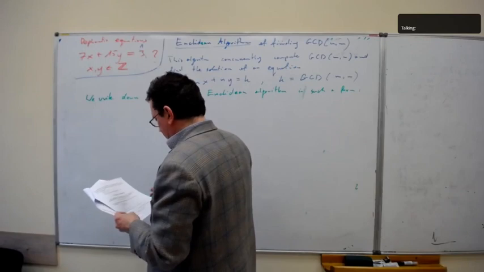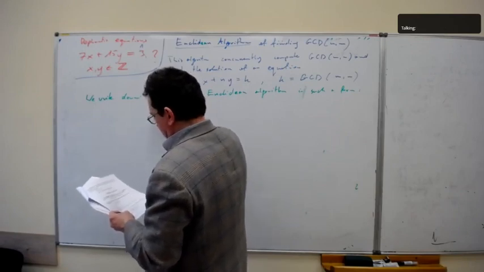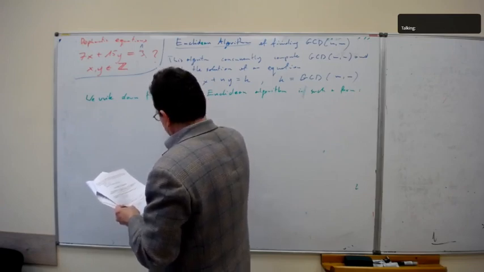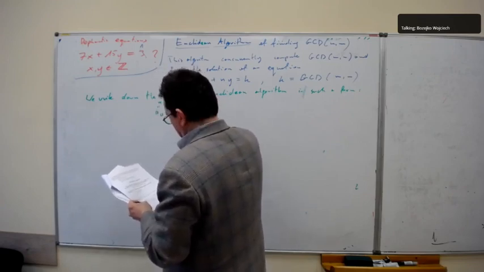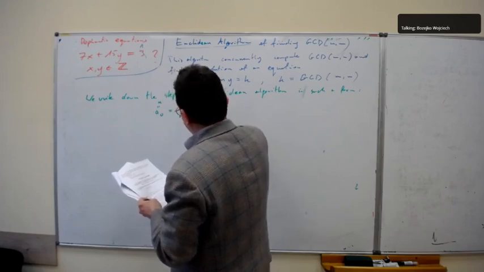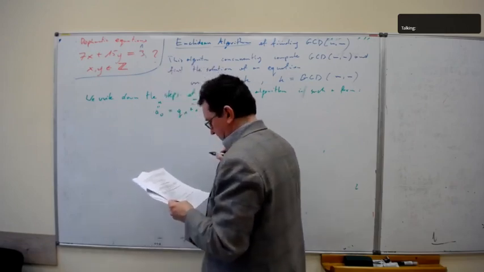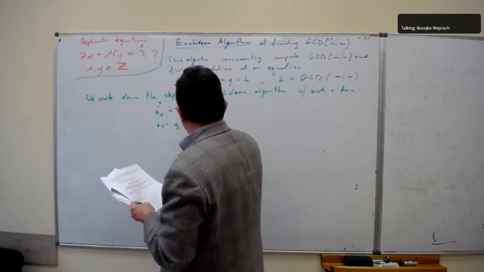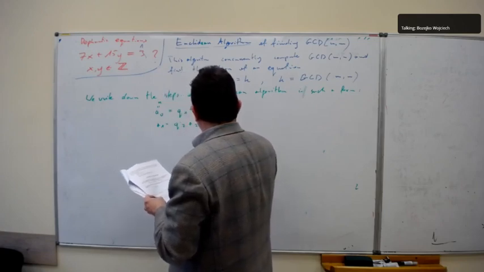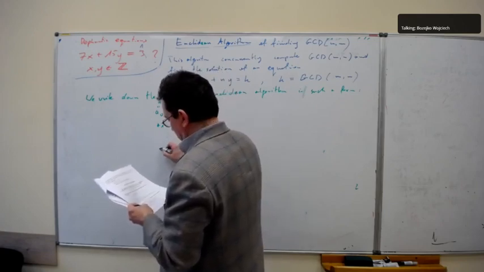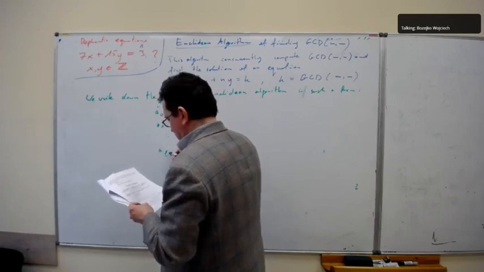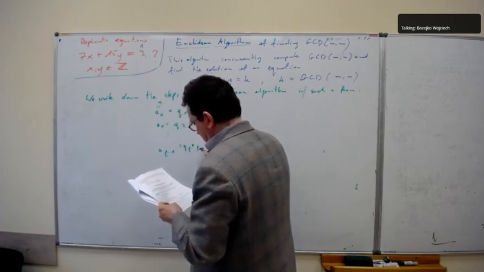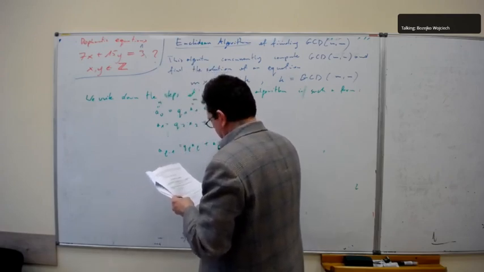We start from n and m, and we write: a0, this is n, is q1 times a1, where a1 is m, plus a2. a1 is q2 times a2 plus a3, and so on, up to a_{l-1} is q_l times a_l plus a_{l+1}.